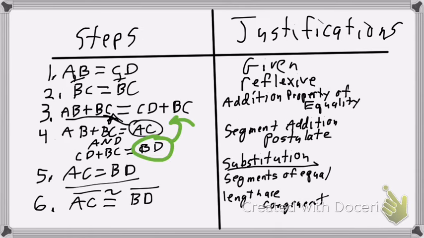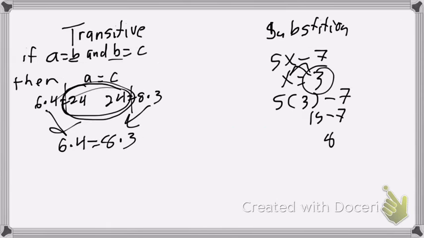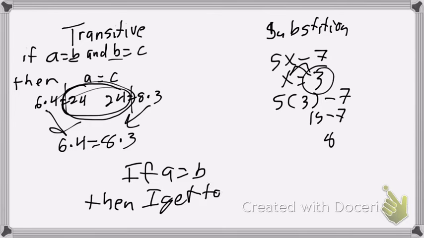I had one thing equal to another, and so I can replace it wherever I find that. And that's the definition of substitution. Remember, if A equals B, then I get to put in A wherever I find B.